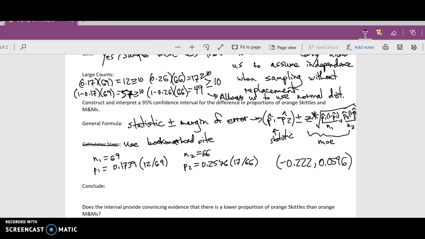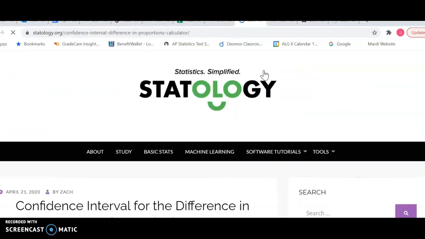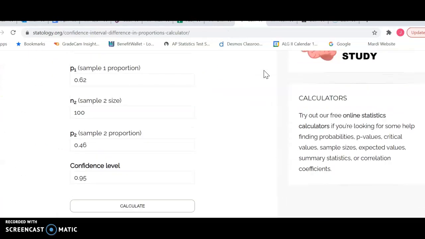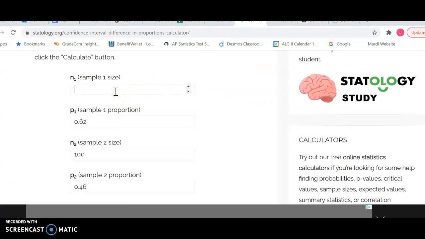All right, I'm going to pause. I'm going to open up the bookmark site under today's blend and walk you through how we get this confidence interval. Okay, so I'm going to click on this bookmark site. I'm going to scroll down. Okay, here's where I'm going to start entering that stuff in. N1 is 69.